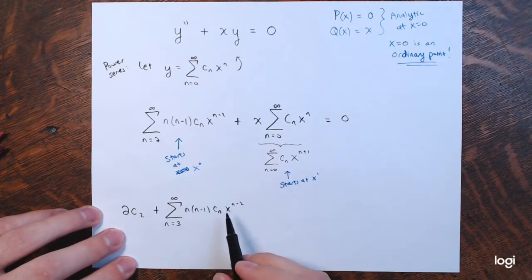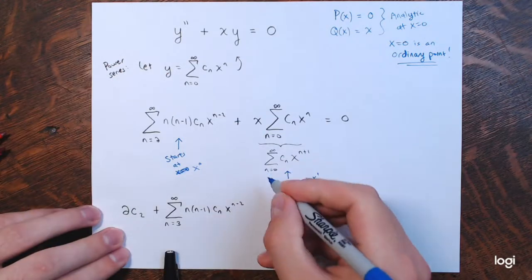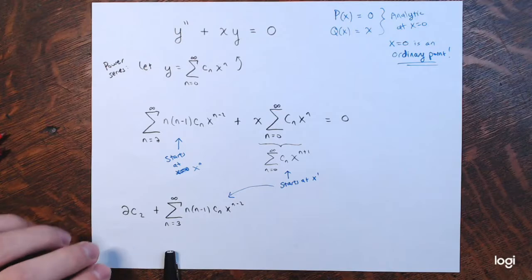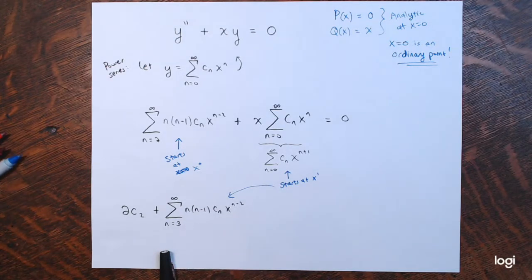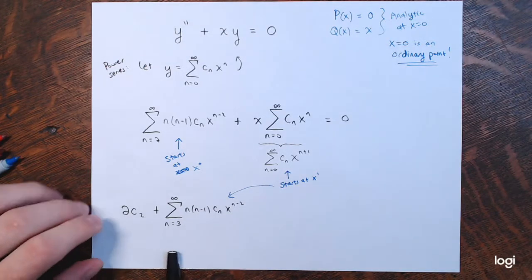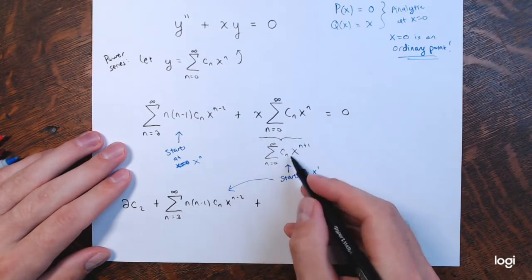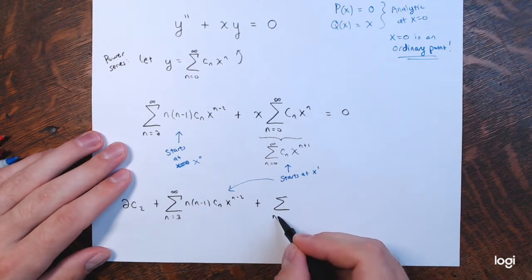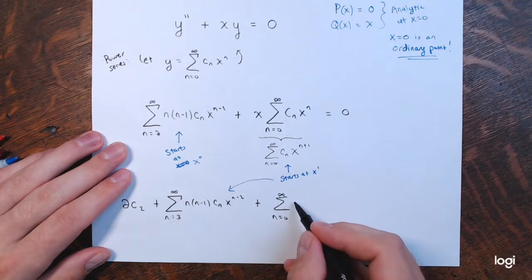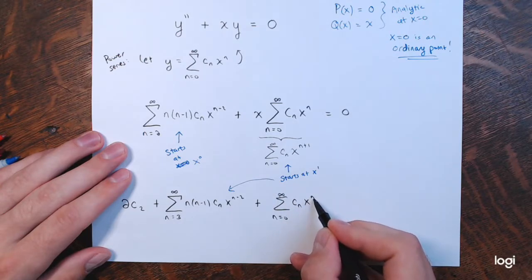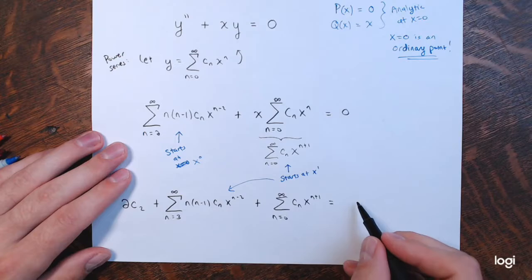And now this series starts at x to the first as well, right? When n equals 3, you'd have x to the first power in your first term. Okay, and then plus this series here, the sum from n equals 0 to infinity of c sub n x to the n plus 1. And this is all equal to 0.